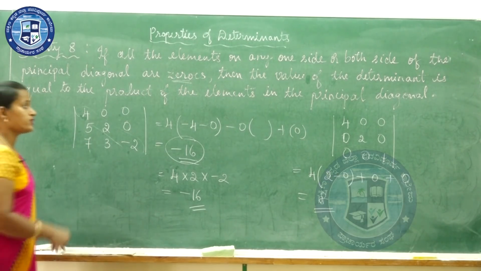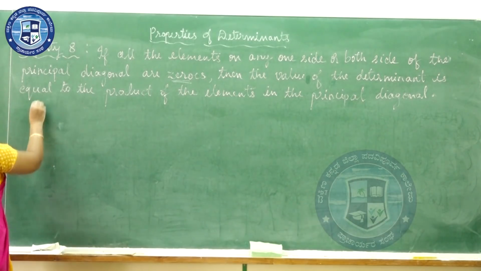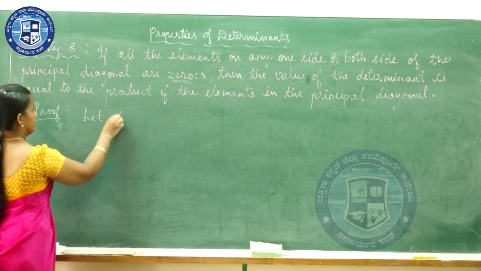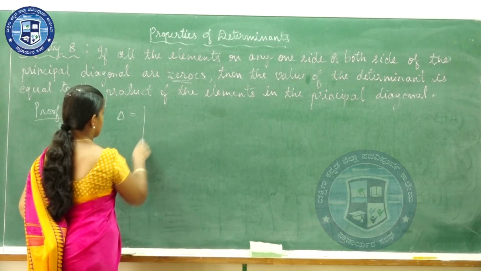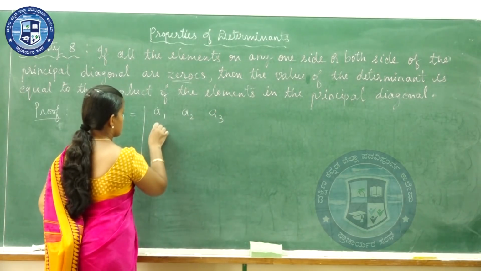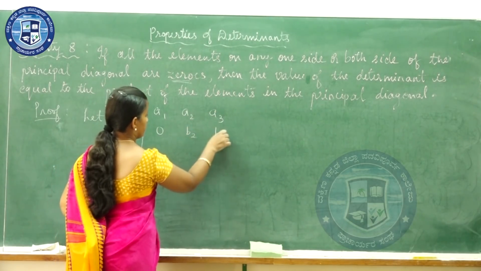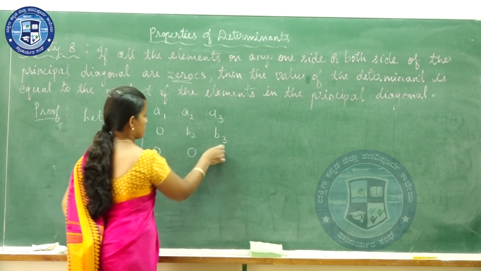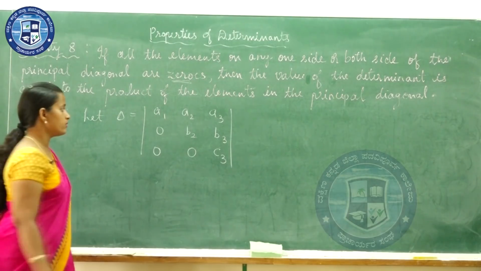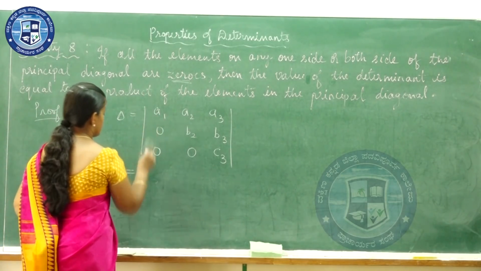Let us now prove this in general. Proof: let delta equal to A1, A2, A3, 0, B2, B3, 0, 0, C3. So the lower part is 0 now. So expand the determinant.